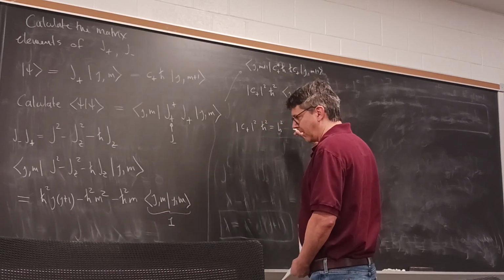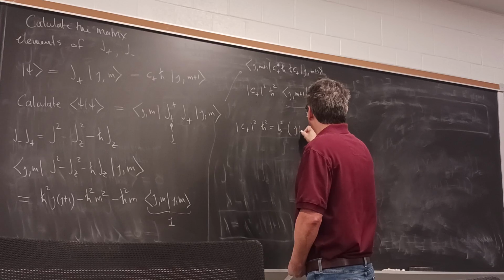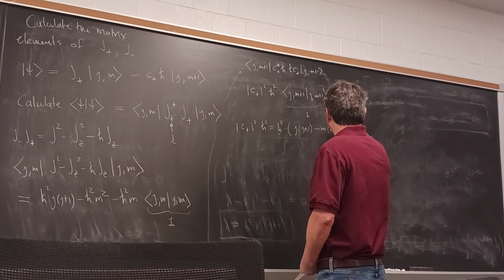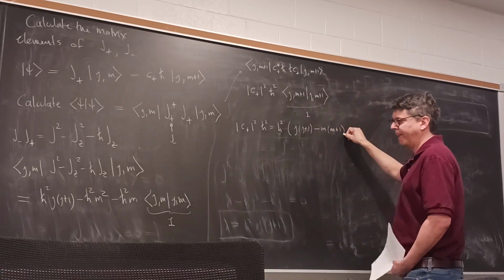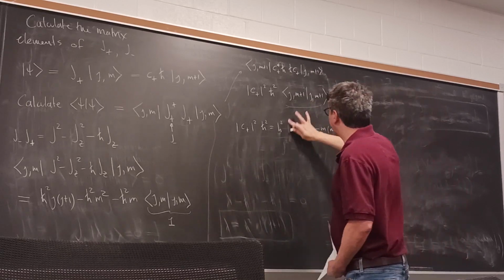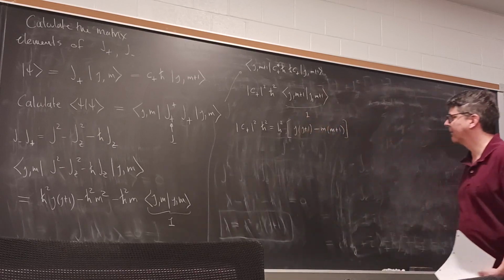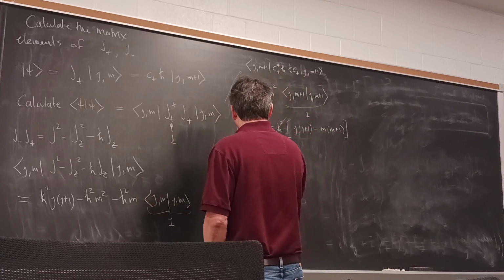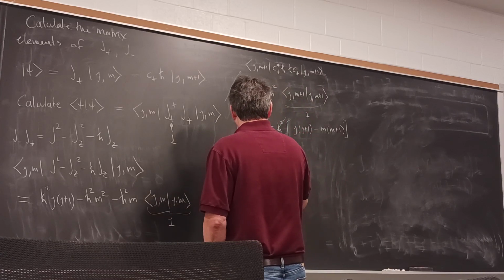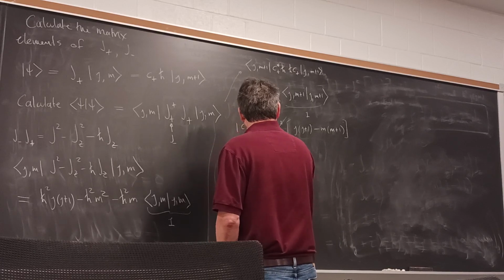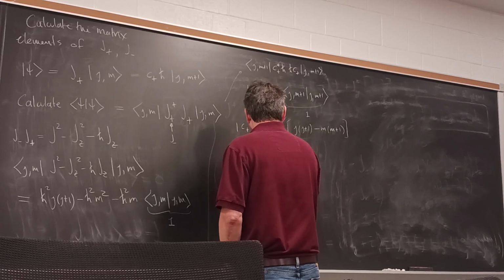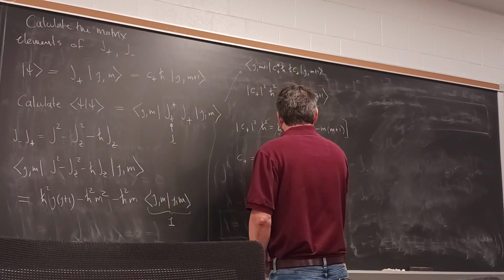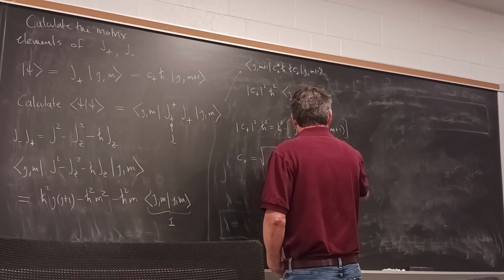So what is this? This is h bar squared, J, J plus one minus m, m plus one. Okay, so we can cancel the h bar squareds, and I just have that C plus is equal to the square root of J, J plus one minus m, m plus one.